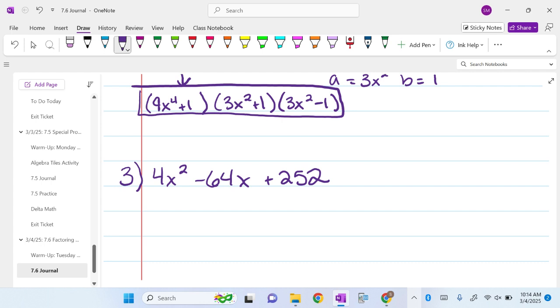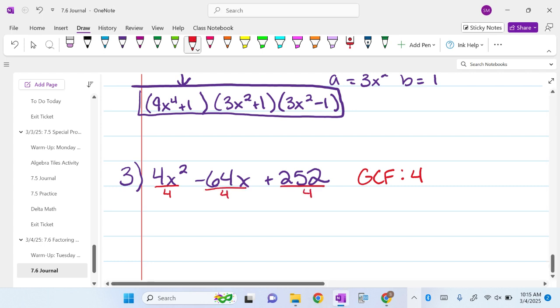Because what do you always have to look for first? A GCF. Do you think there's a GCF? There is. Shot in the dark, what do you think it is? 4. It is 4. Yeah. Because there's no x's connected to it, not every term has an x. That 252 is xless.